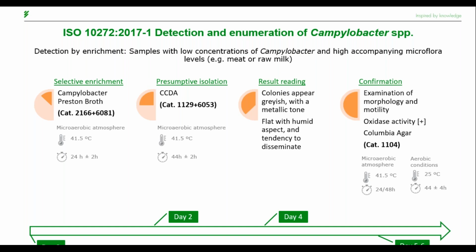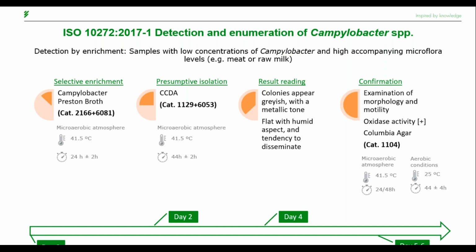From the enrichment culture obtained, only the Campylobacter agar-based blood-free, CCDA, is inoculated. The incubation conditions are at 41.5 degrees Celsius in a microaerobic atmosphere and examined after 44 hours to detect the presence of suspect Campylobacter colonies. It must be mentioned that in all detection procedures, both steps, result reading and confirmation, are the same as in the first procedure.